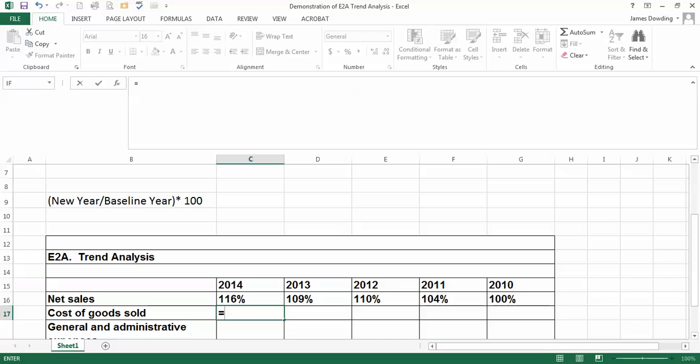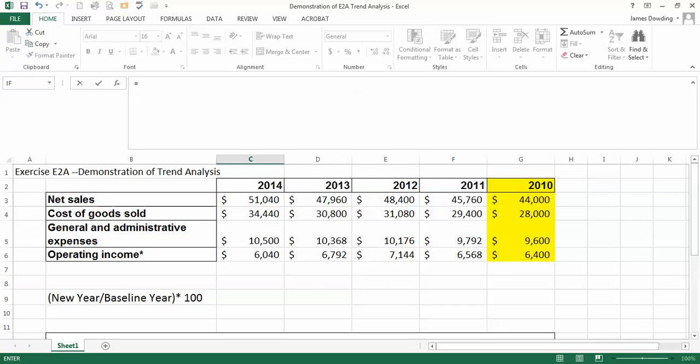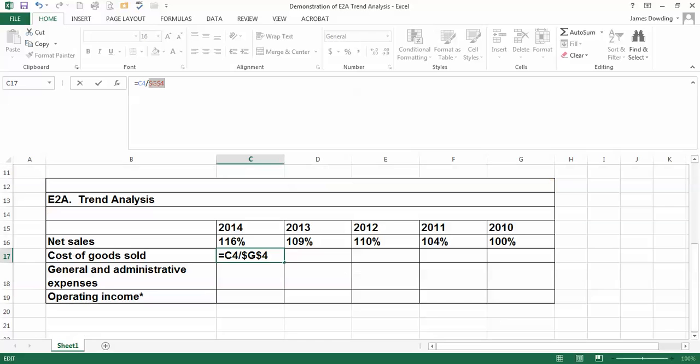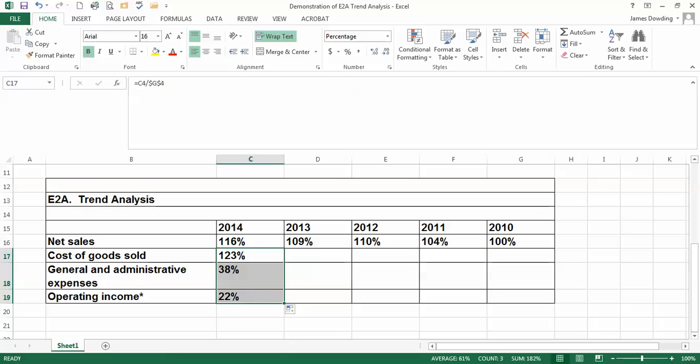So we go equal sign, the 34,440 divided by the 28,000, which is our baseline, and I'm going to make that absolute, F4. So it's 1.23. If we make that a percent, it's 123%. And I want to now drag that across.